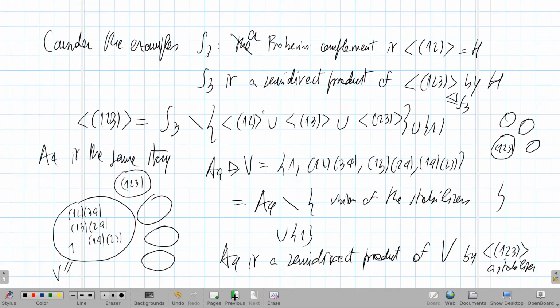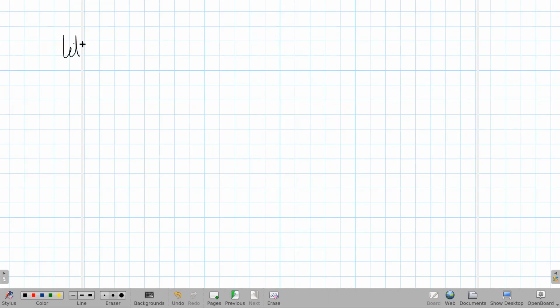Okay, so we will say that, let G be a Frobenius group, H a Frobenius complement.